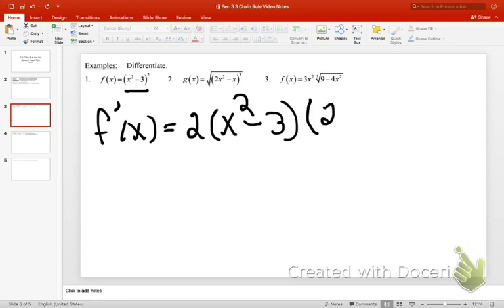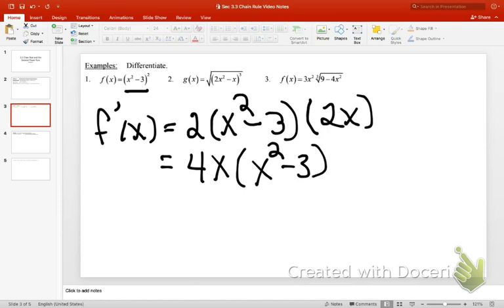When we simplify this, we'll get 4x times (x squared minus 3).